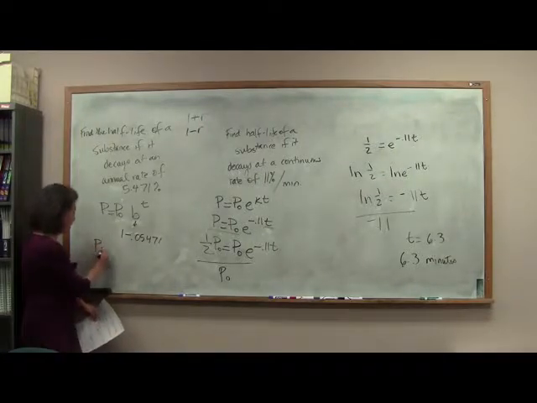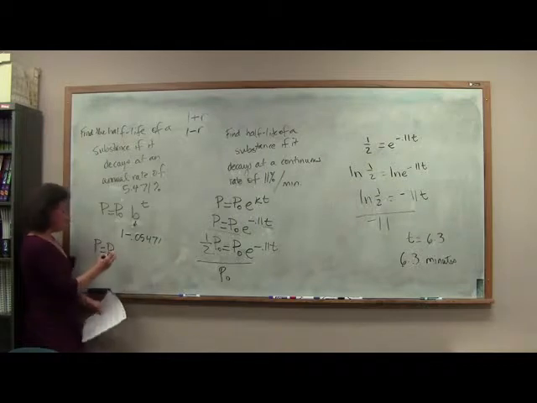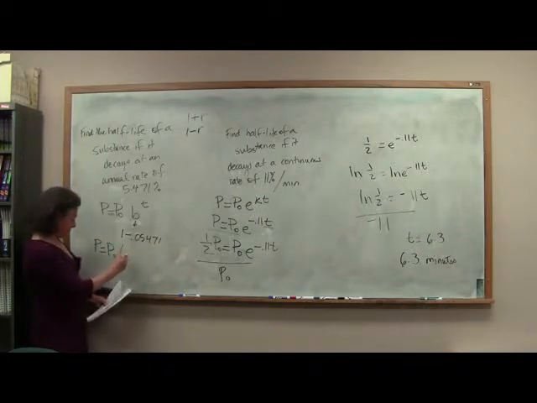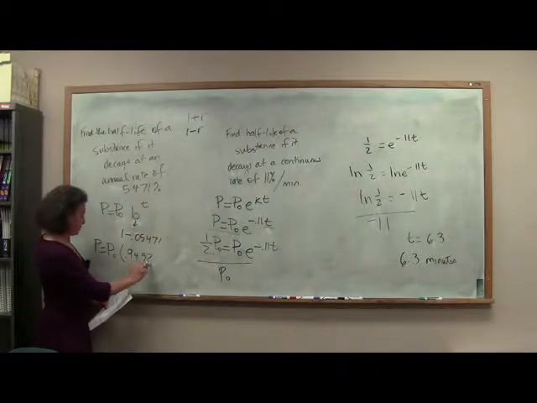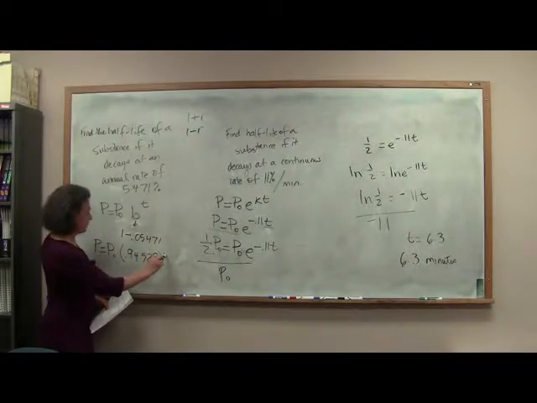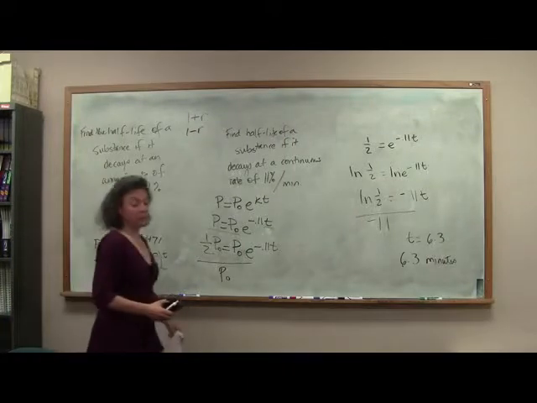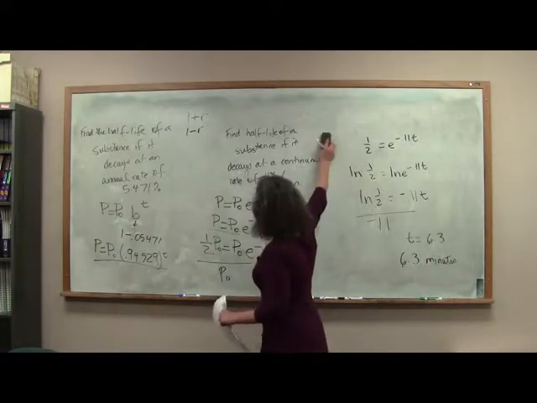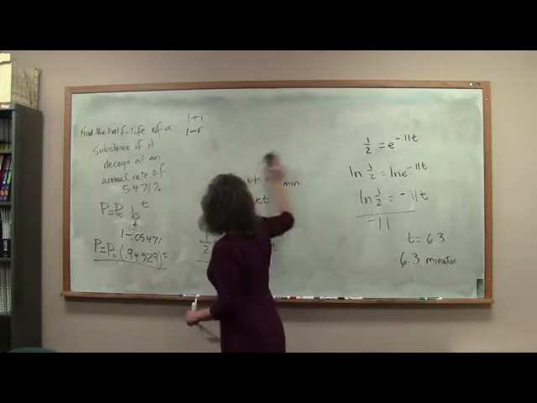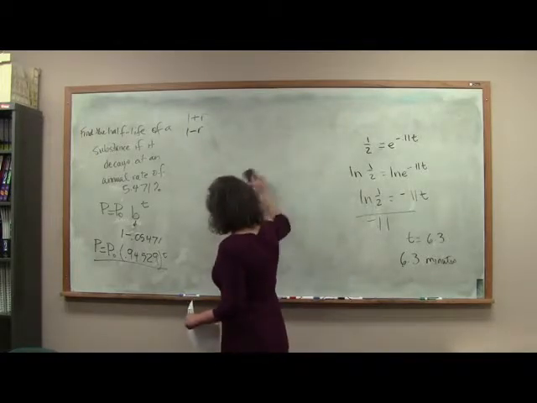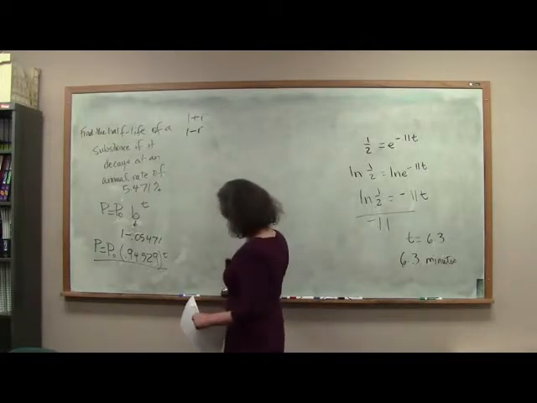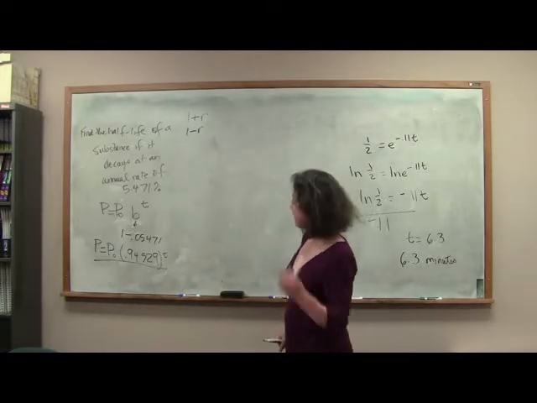So I claim my formula in this example, if you do this computation, you get 0.94529 to the power of t. And now this is the formula that we're going to be dealing with. I just wanted to contrast that continuous versus annual.